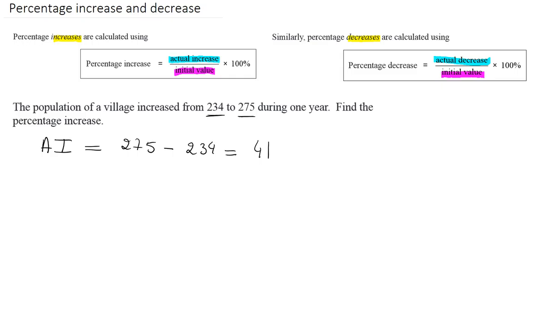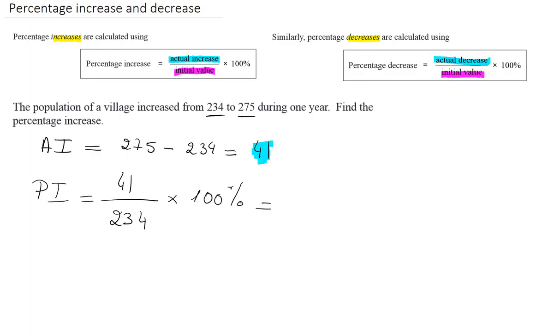But what is that as a percentage? Well, your actual increase is 41. Now you're going to compare that to your original value. So your percentage increase is 41 compared to your initial value, and you started off with 234, then multiply that by 100%.